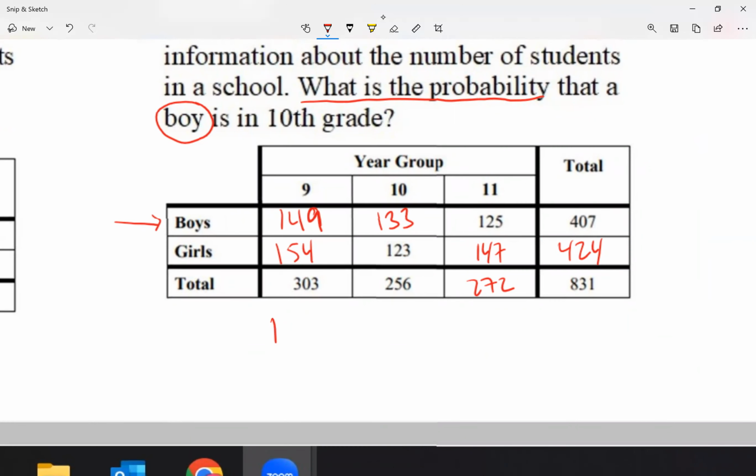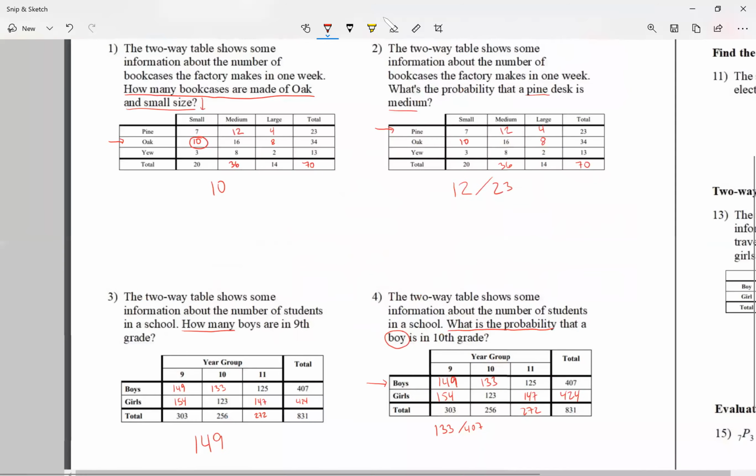Well, I'm going to say 133. Because I'm looking at boys, I'm going to ask myself, how many boys are there total? In this case, 407. If you can simplify the fraction, by all means do so. In this case, there's no number that I can divide them by. So 133 over 407.